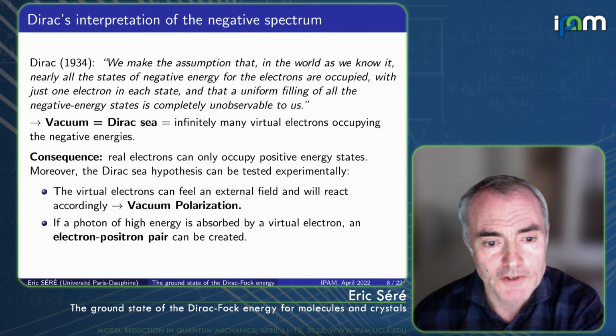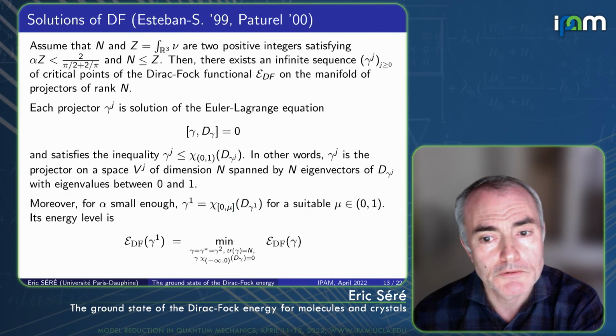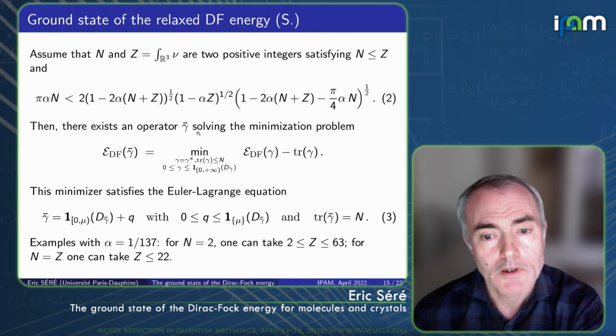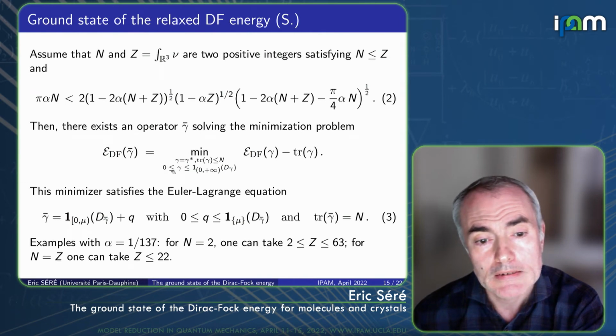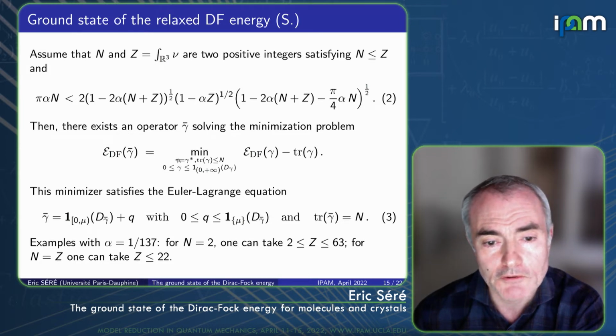So I tried to do the same for Dirac, but you run into a problem because you want also your wave functions to live in the orthogonal of the Dirac sea. So you see the constraint here in the middle of the slide.